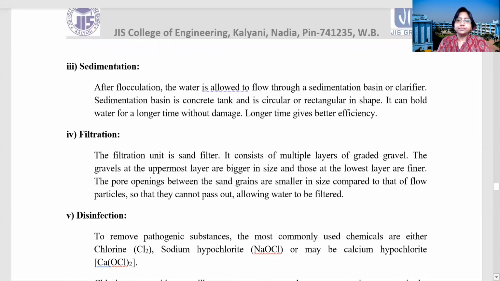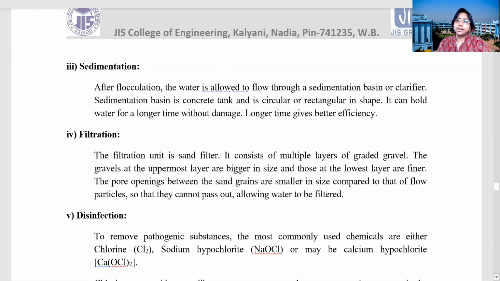The filtration unit is basically the sand filter. It consists of multiple layers of graded gravels. The gravels at the uppermost layer are bigger in size and those at the lowest layer are finer. The pore openings between the sand grains are smaller than the particles, so the particles cannot pass out, allowing the water to be filtered.